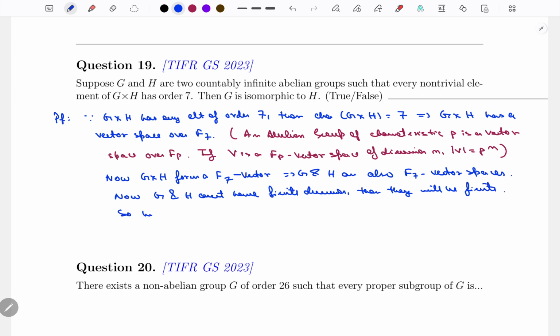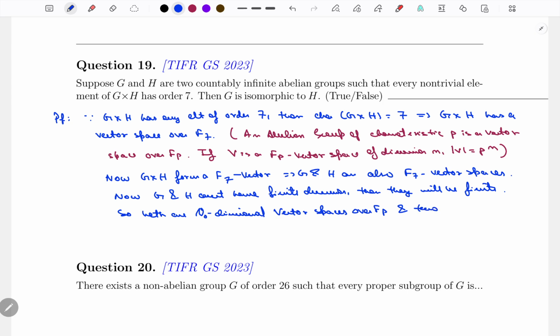So both will be aleph naught dimensional, because they are countably infinite. So both are aleph naught dimensional vector spaces over Fp, and two vector spaces of the same dimension over the same field are isomorphic as vector spaces, and hence isomorphic as groups.